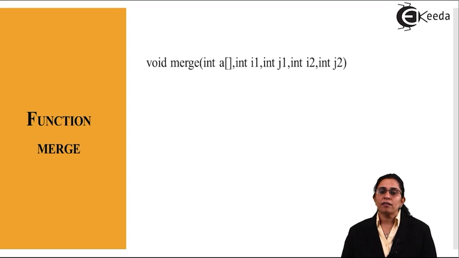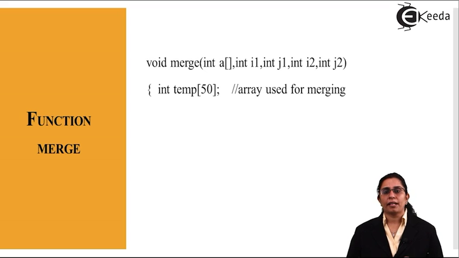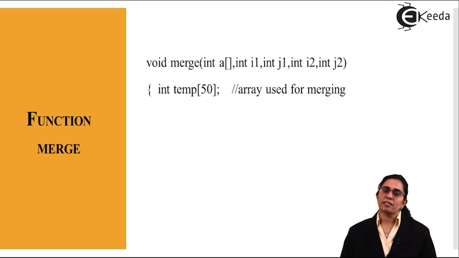The value of mid goes to j1, mid plus 1 goes to i2, and int j2 gets the value of j. So here you see how the values are passed from the calling function to the function definition. Here I have declared a simple variable temp, which is an integer array of size 50. Now this array is a temporary array which will be used for storing the merged elements.